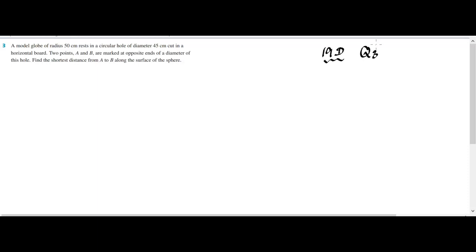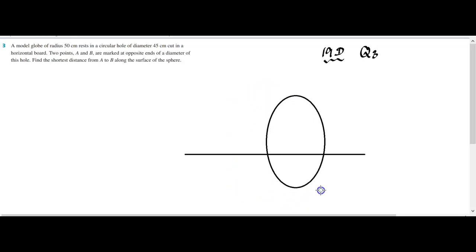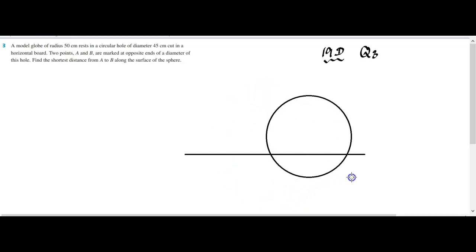So you have a horizontal board like this, and there's a hole, and you put a ball in it like this. So it will go inside, but not fully, partially.